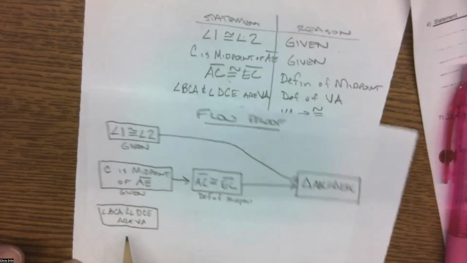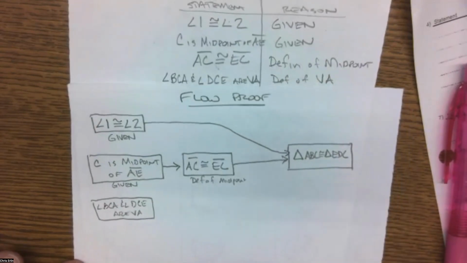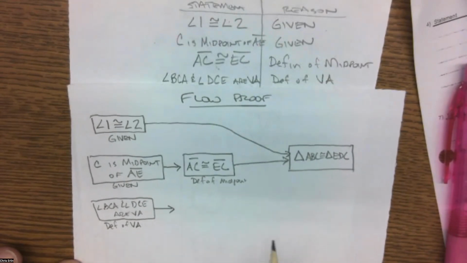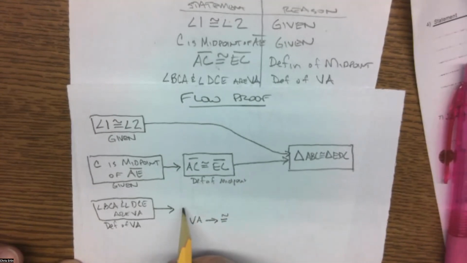What's my reason for that? Definition of vertical angles. And then leading directly from that fact, I want to say, if these angles are vertical, then they're congruent.